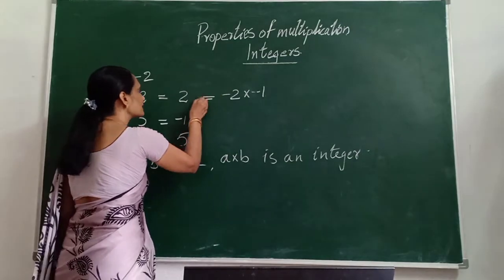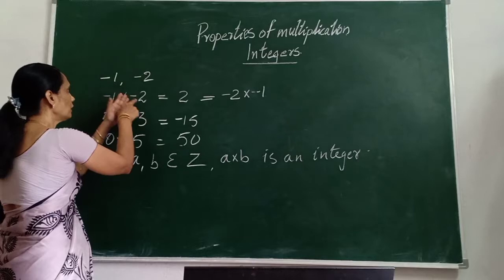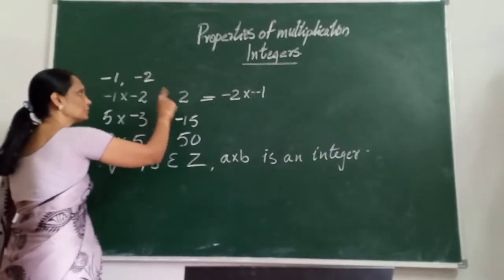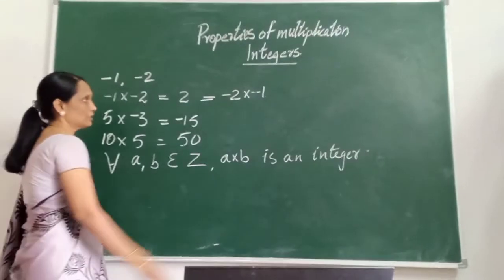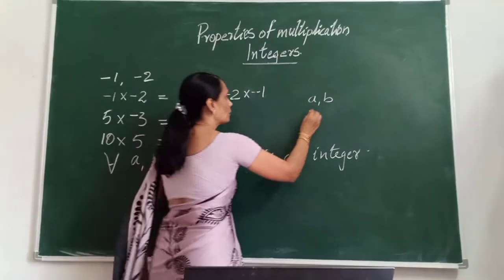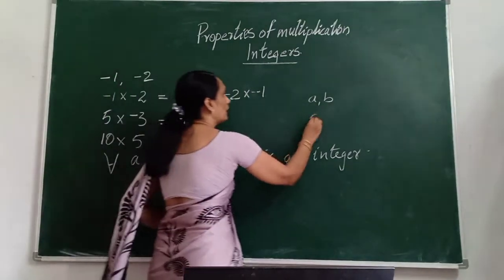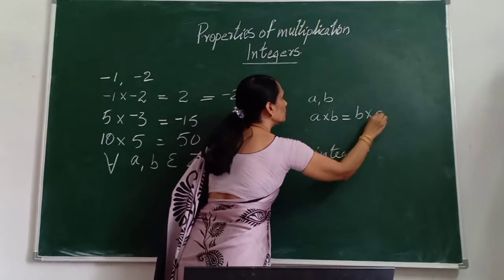Again we got the answer as 2. That means minus 1 into minus 2 is equal to 2, that is equal to minus 2 into minus 1. So a and b are two integers. What we have learned here? a into b is equal to b into a.